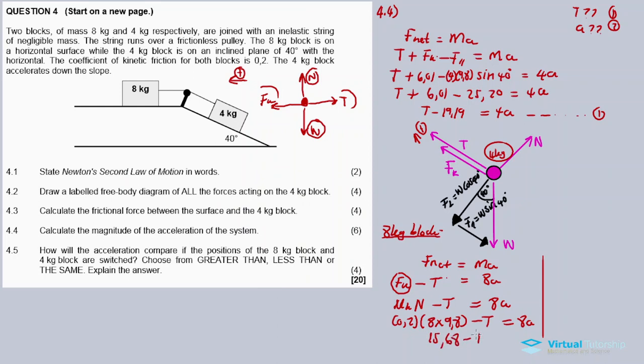So 15.68 minus T is equal to 8a, and this is our second equation.